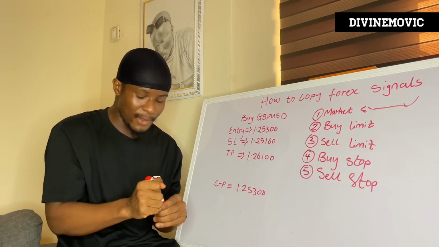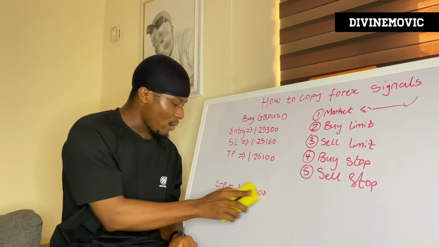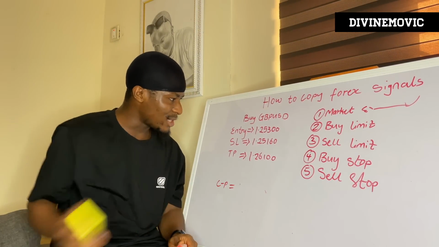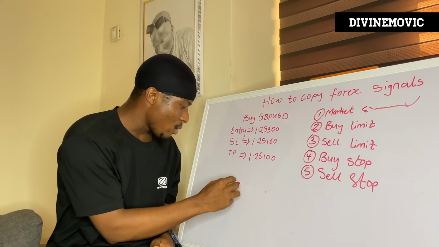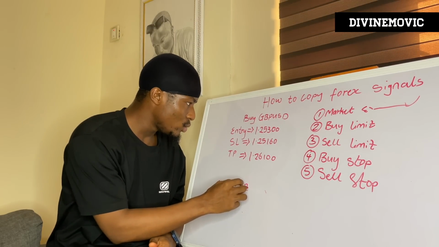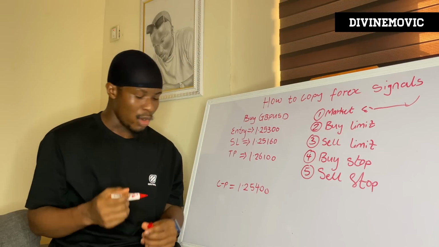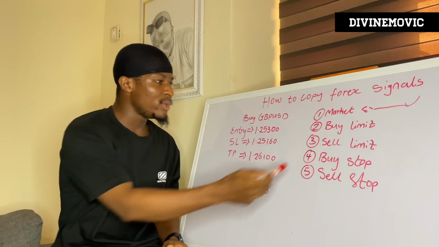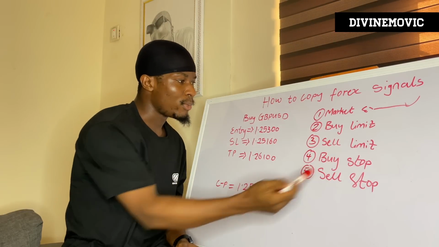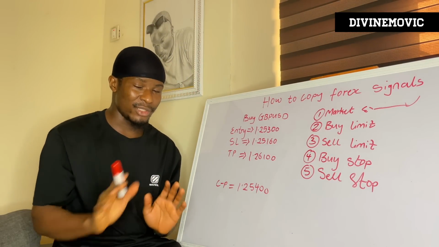Now, let's for instance say current price is somewhere at, let me say, 1.25400. Now, is it going to be a buy limit or a buy stop? That's what we want to work out now in this video.